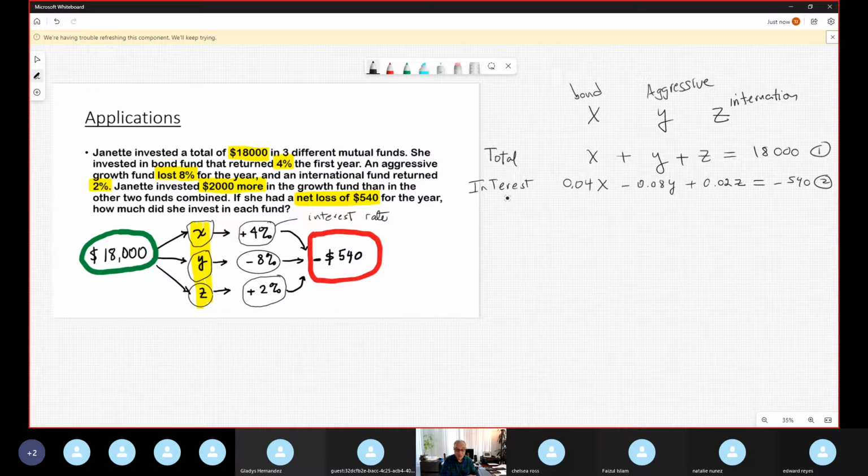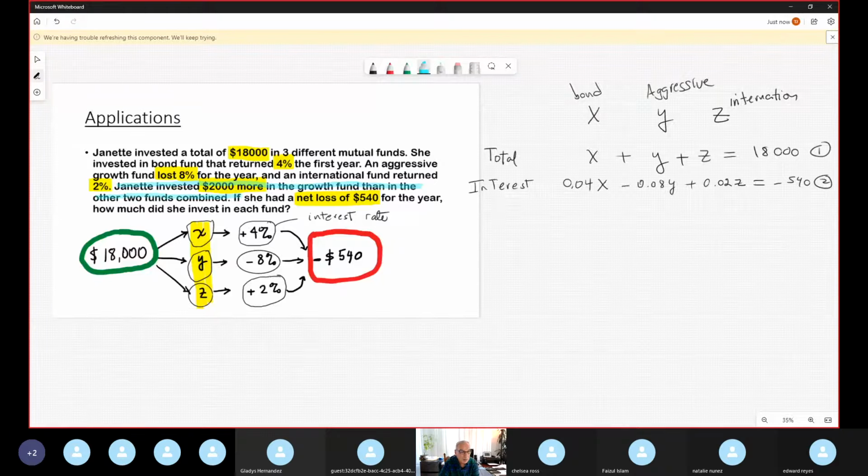And my third equation, because you need three equations, let me read this sentence one more time. Janet invests 2,000 more in the growth fund than the other two combined.